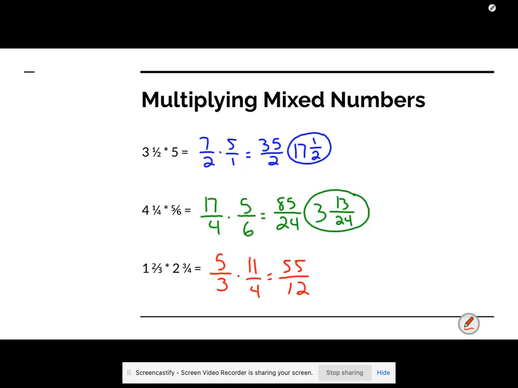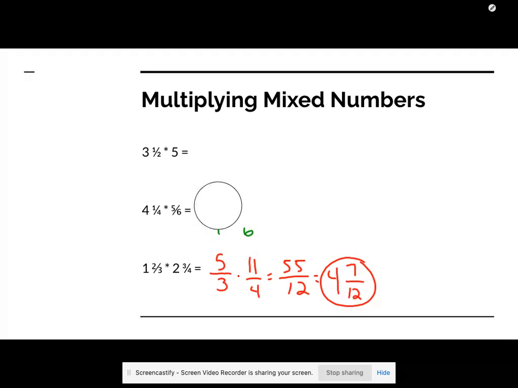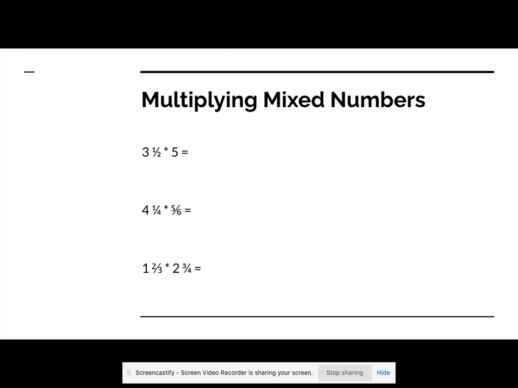And then figure out how many times does 12 go into 55. That's going to be 4 times, which is 48, 7 left over, with 12 as my denominator. All right, so again, really nothing changes. You just need to make sure that you change those mixed numbers to improper fractions first before you multiply.